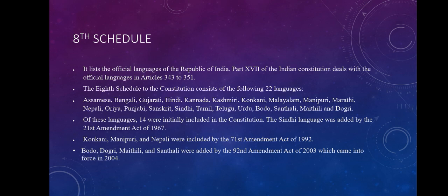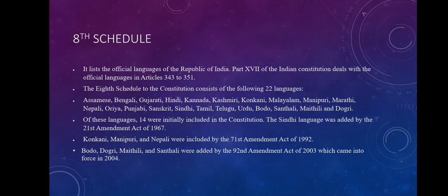The Eighth Schedule of the Constitution consists of the following 22 languages: Assamese, Bengali, Gujarati, Hindi, Kannada, Kashmiri, Konkani, Malayalam, Manipuri, Marathi, Nepali, Odia, Punjabi, Sanskrit, Sindhi, Tamil, Telugu, Urdu, Bodo, Santhali, Maithili, and Dogri.